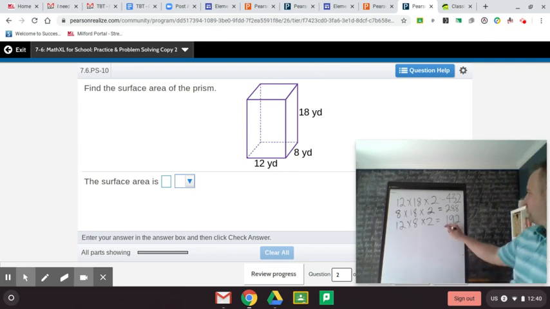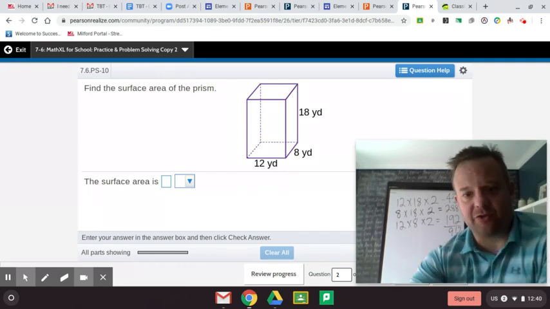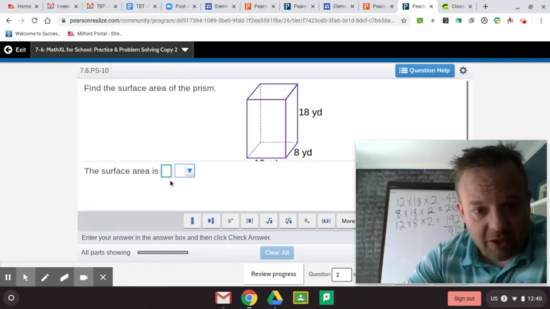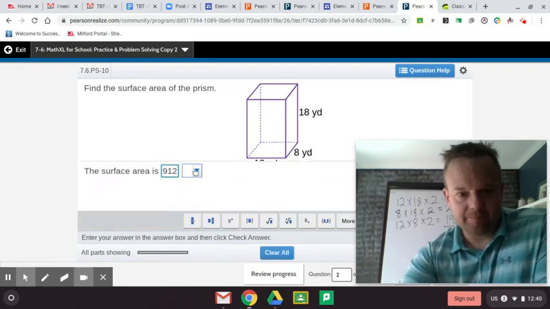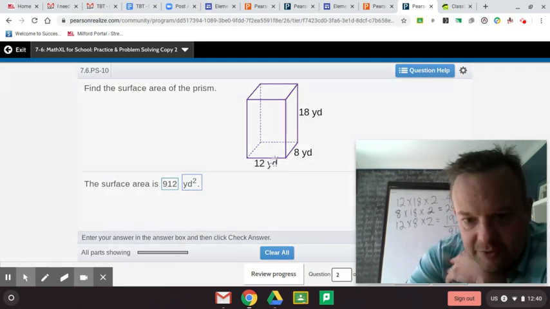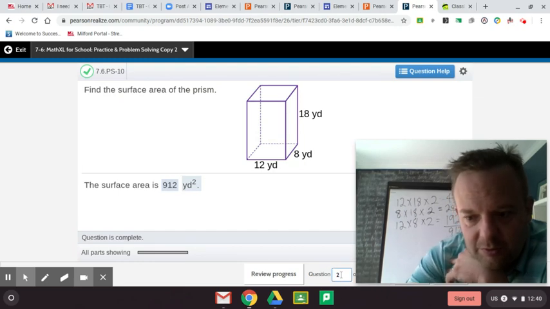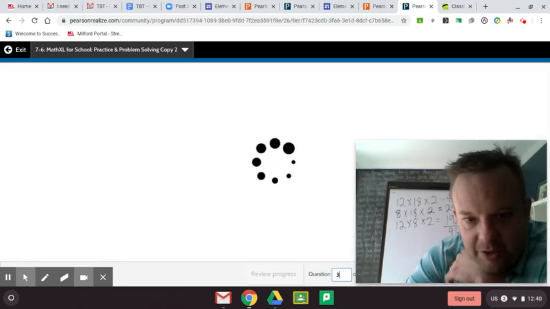I got 912 when you add them all up. 912 square yards. Here we go. Okay, let's see if that works. See what number 3 gives us.